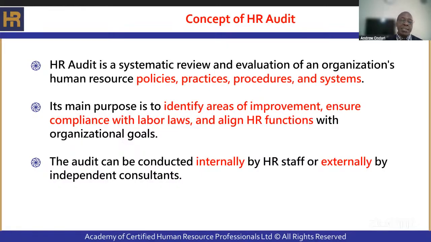And those weaknesses and gaps should be areas of improvement. Therefore, HR audit will help us to identify those areas which may need improvement. And we shall be talking about what improvements can be made by way of recommendation in our HR audit reports. Secondly, it helps us to ensure compliance with the labor laws.